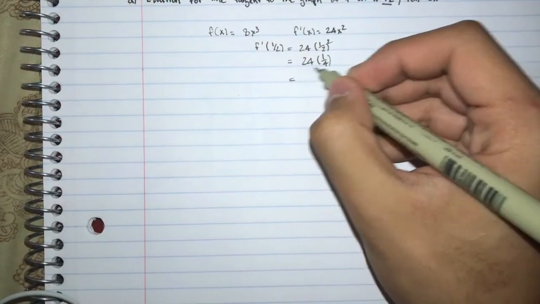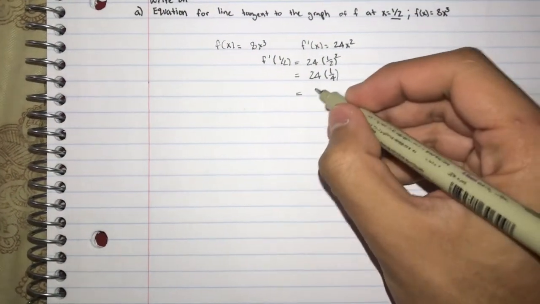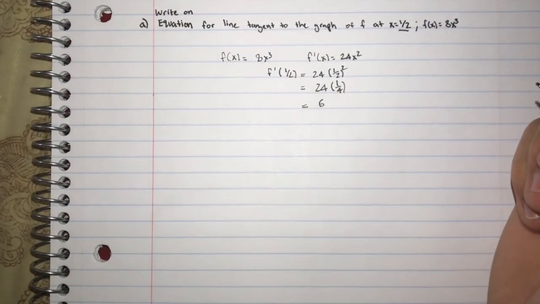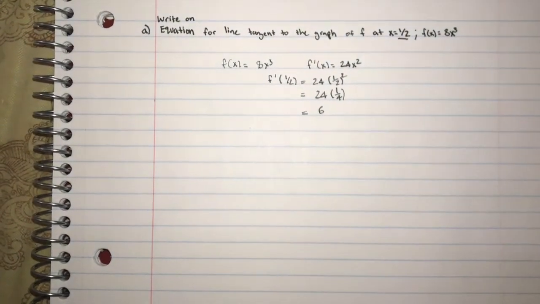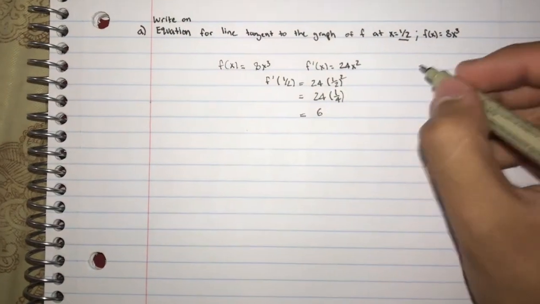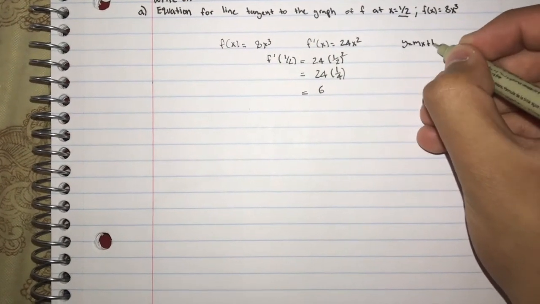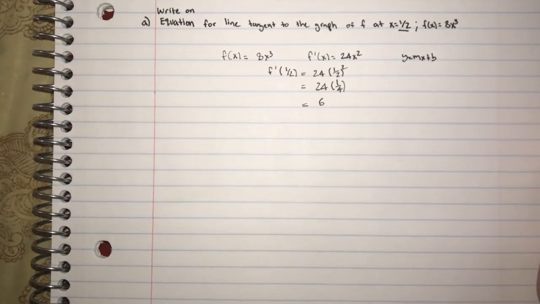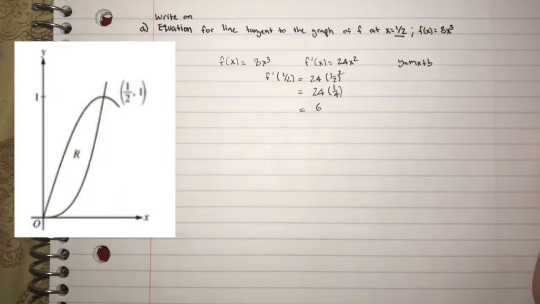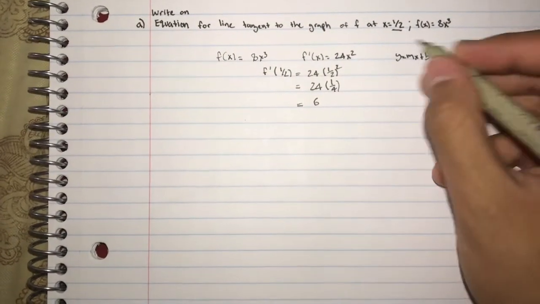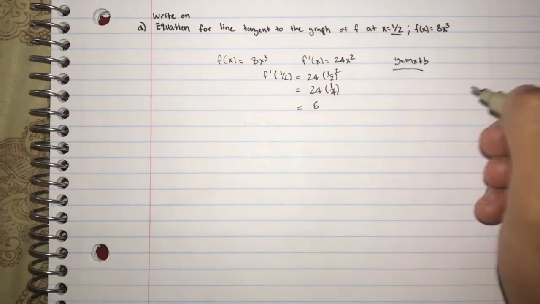The result of 24 multiplied by 1/4 would be 6. Having that, 6 is the slope for the equation tangent to the graph. Going with the basis of y equals mx plus b, and having the graph demonstrate that when x equals 1/2, y equals 1, we will have enough materials to be able to find the equation.